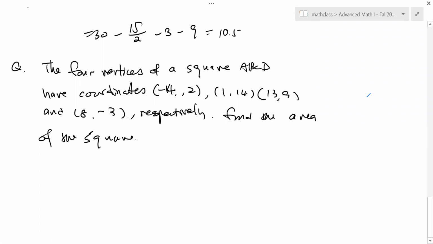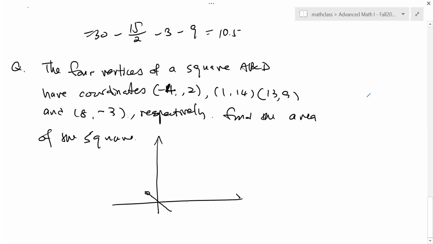So we are given 4 points. You have to draw the 4 points, okay? So the first coordinate is not -14, it's -4, okay? So you draw this, -4 and 2, okay?